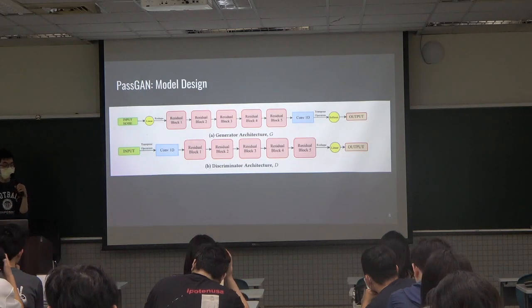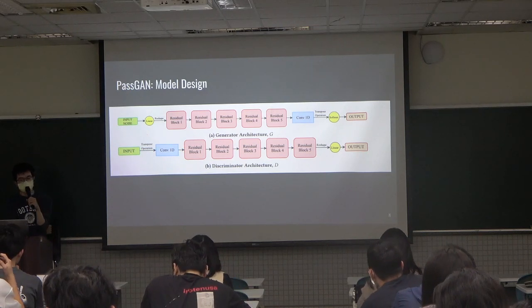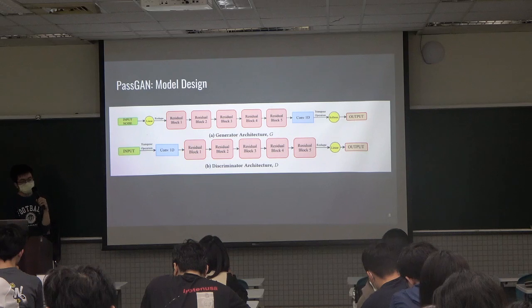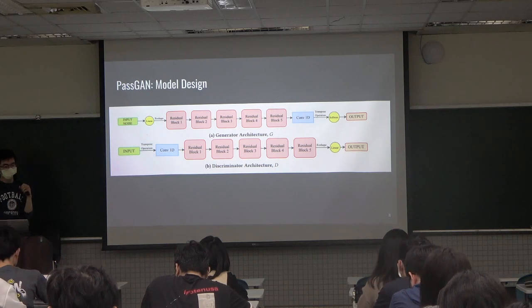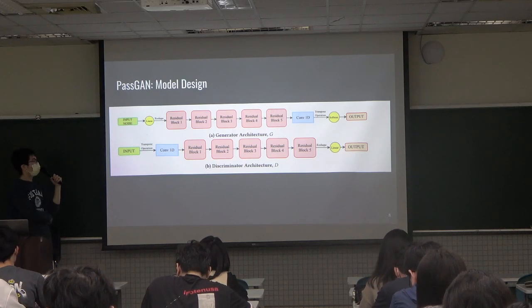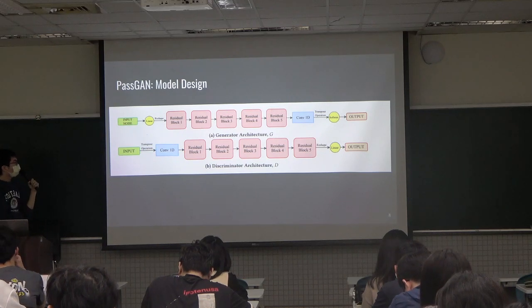And as this figure shows, there are a generator and a discriminator. GANs are a class of artificial intelligence algorithms that consist of two neural networks, a generator and a discriminator, and they all have a 5-layer residual.